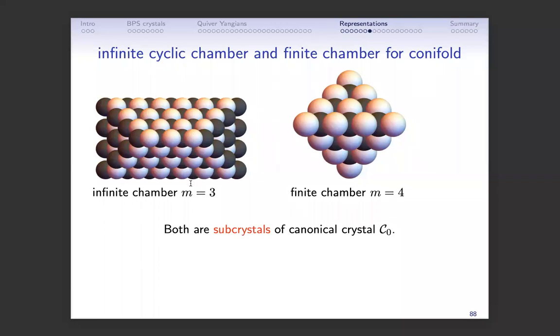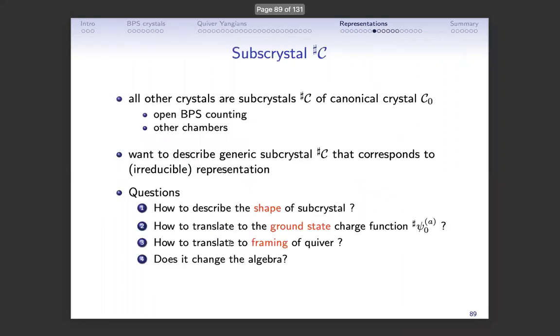So this is m equal to 3, and you can also have finite chambers. You start from this one and cut like this, and you get a finite one. The point is that both these crystals are subcrystals of the canonical crystal. So you see that all these other interesting situations are subcrystals.